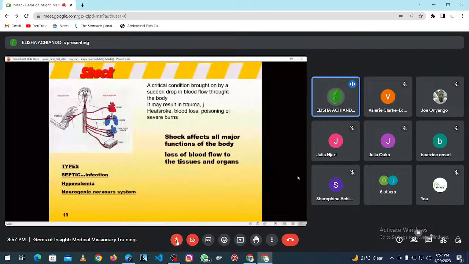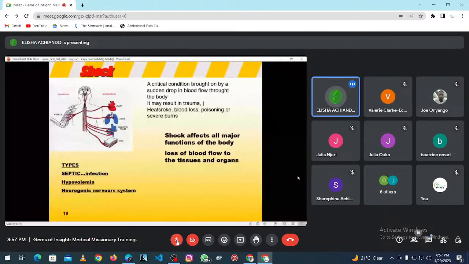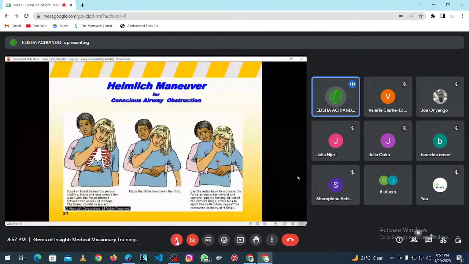Now, let's talk about this condition. I think it's a Latin word, but this is a position which helps you to consciously open the airways of someone who may not be breathing well because there's an obstruction in the airway.